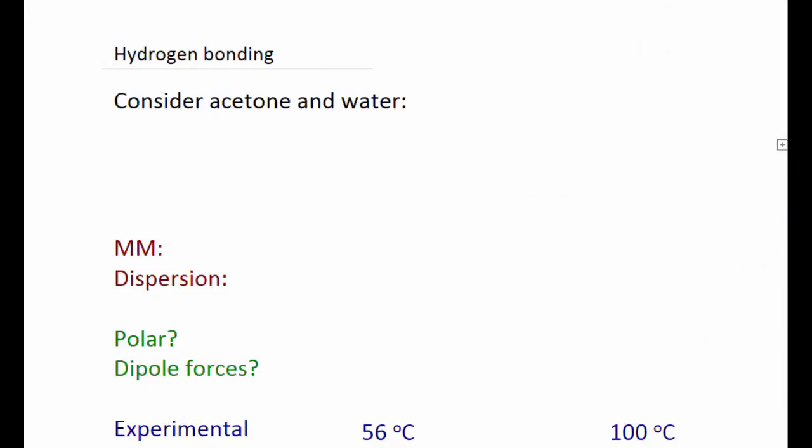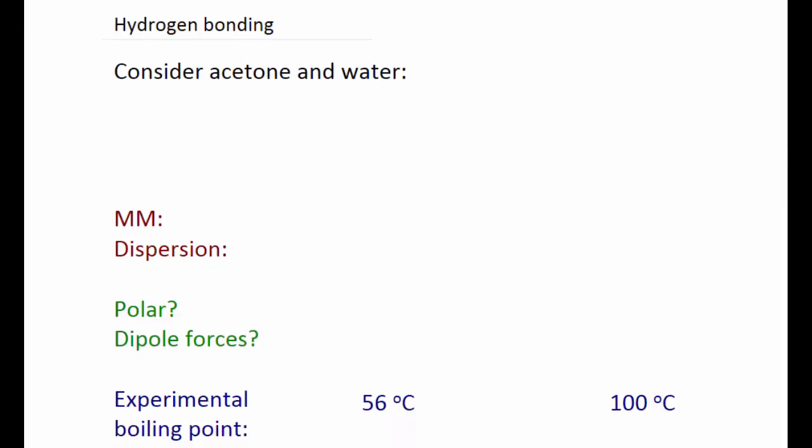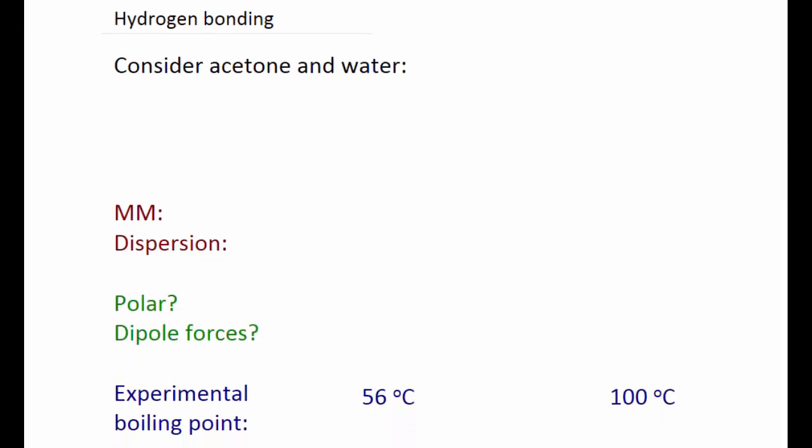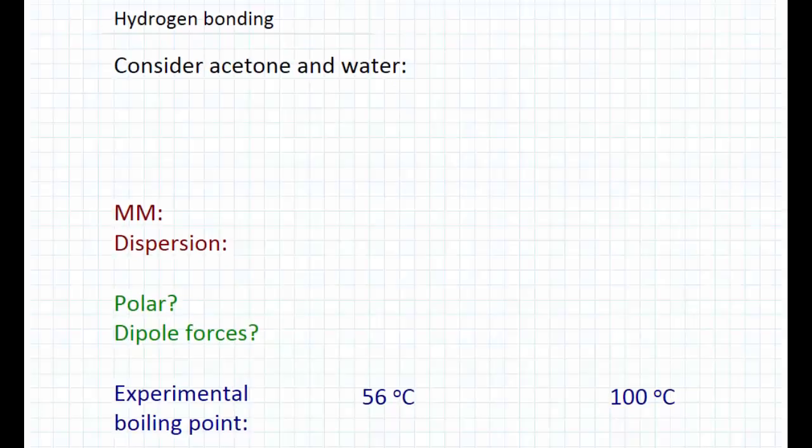Let's do another comparison right here of acetone and water. I'm going to draw the structure of acetone for you. You guys used acetone to clean out the test tubes after the stinky ester lab, right? So it's an excellent solvent. This is what its structure looks like. It is a CH3, C double bond O, CH3.